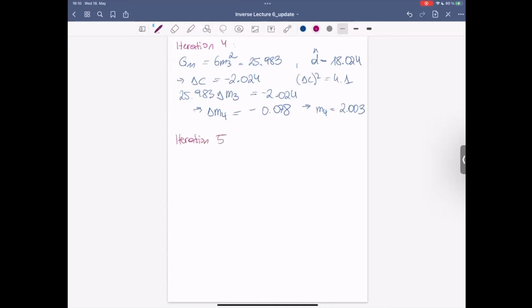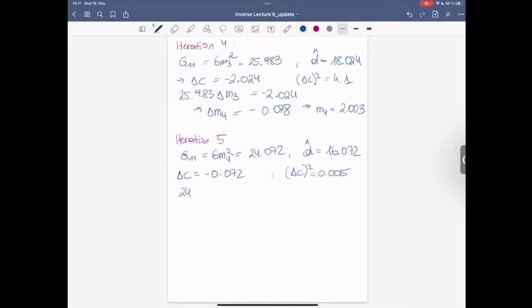So in the next iteration, we will get there. G equals 6 times M4 squared equals 24.072. The prediction D hat equals 16.072. This gives us a delta C of minus 0.072, and the delta C squared of 0.005.